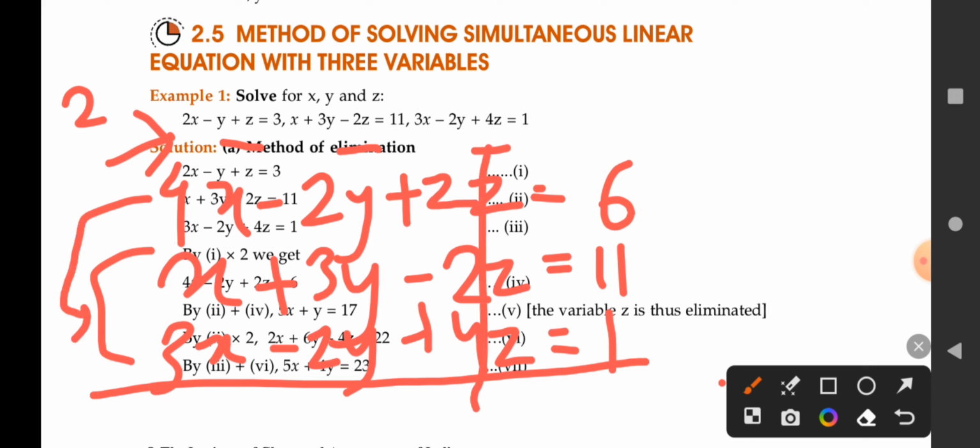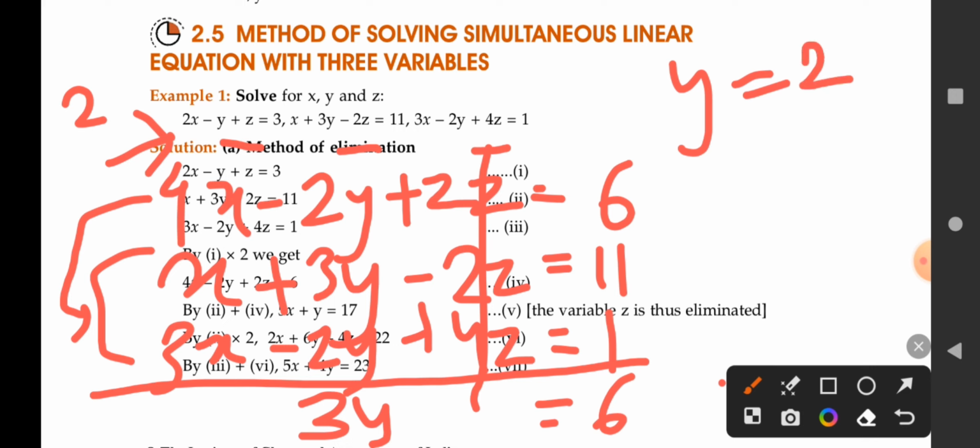So all these get cancelled, right? So first add the below two equations. So you get 11 plus 1, 12, minus 6 is 6 here, right? 3y minus 2y is y, and y minus minus becomes plus, so this becomes 3y. Okay, and 4x, 3x plus x is 4x, and 4x minus 4x is 0. So 3y is equal to 6, so y becomes 2.